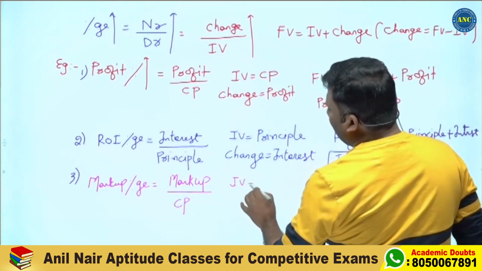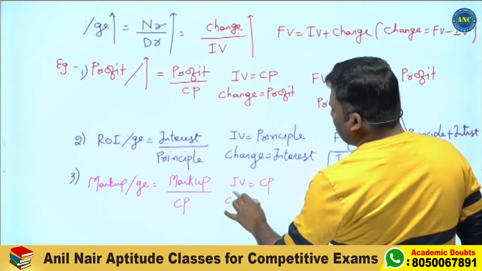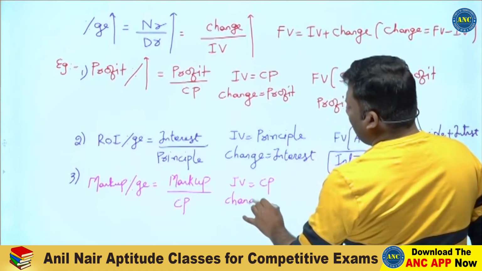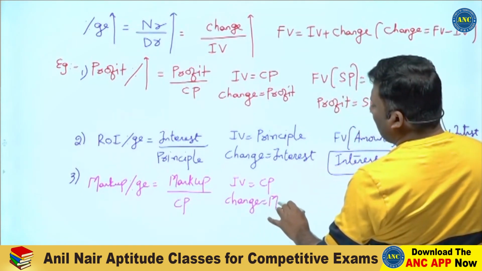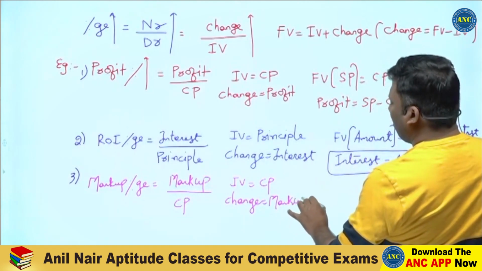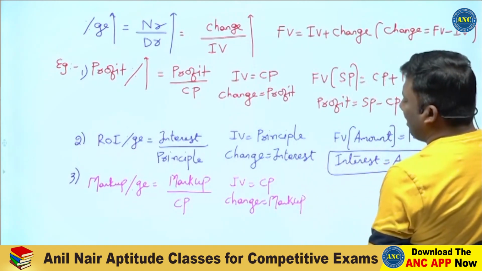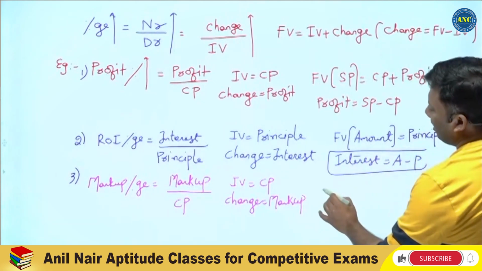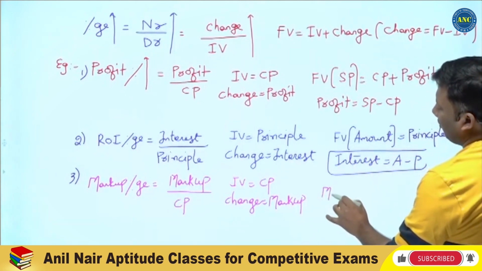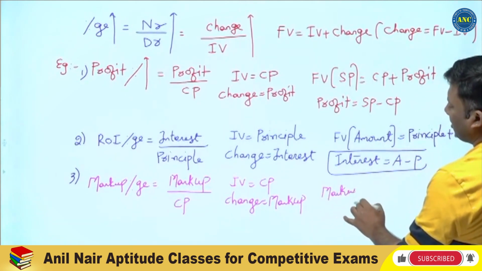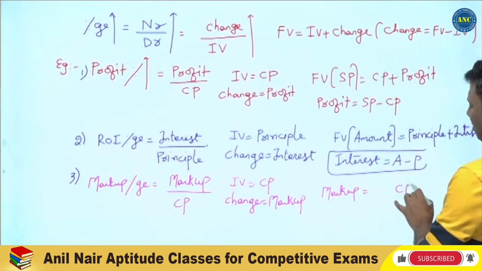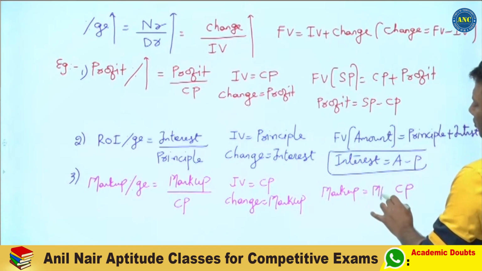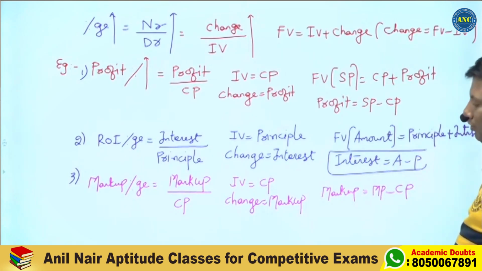So, initial value is cost price. Change is markup. 300 rupees is the cost of the memento. I made it 500 rupees. So what is the difference? Difference is 200. The actual cost price is 300, I made it into 500.